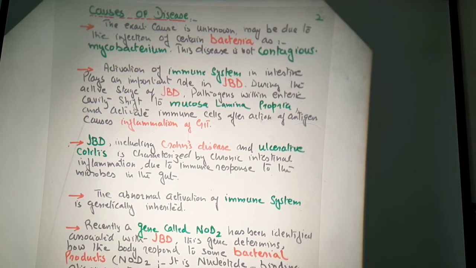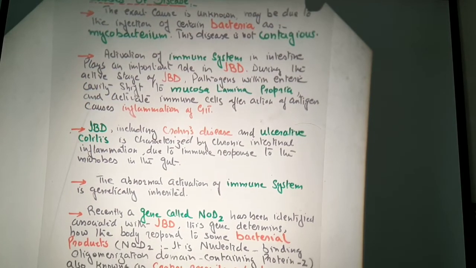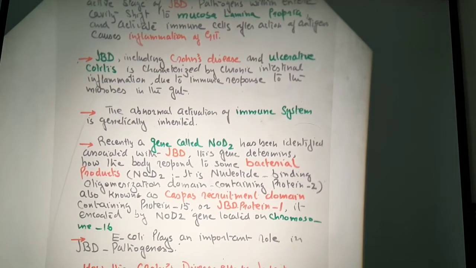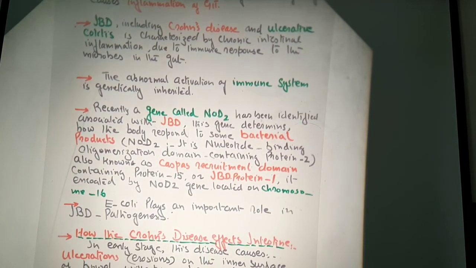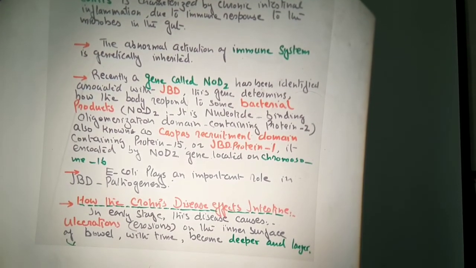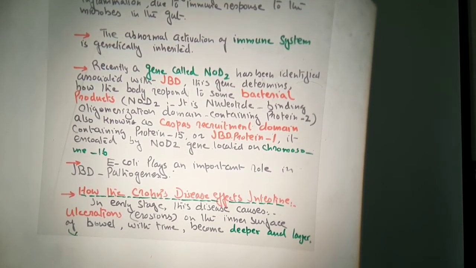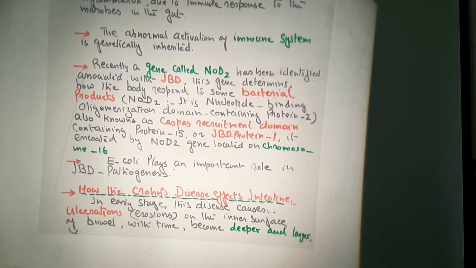Now, the abnormal activation of the immune system is genetically inherited. Genetically inherited means it is transferred through genes, from the parents to the offspring.